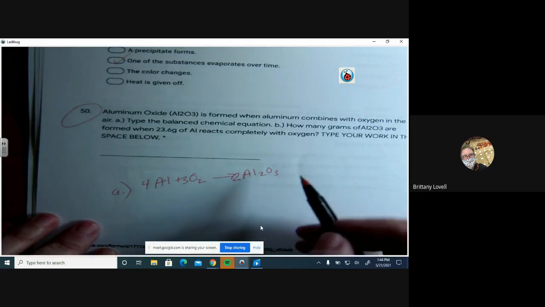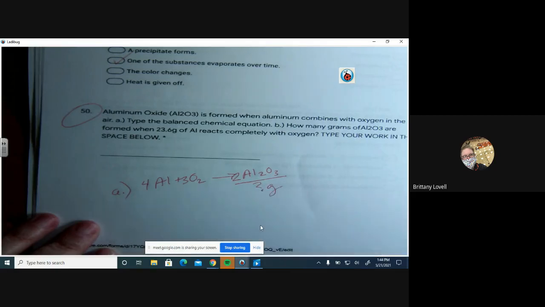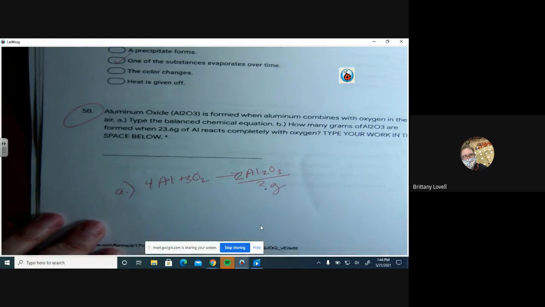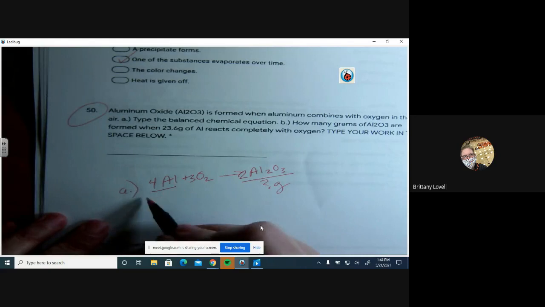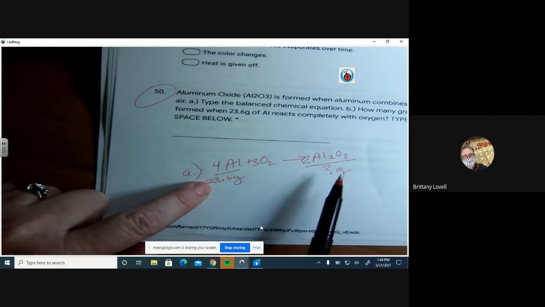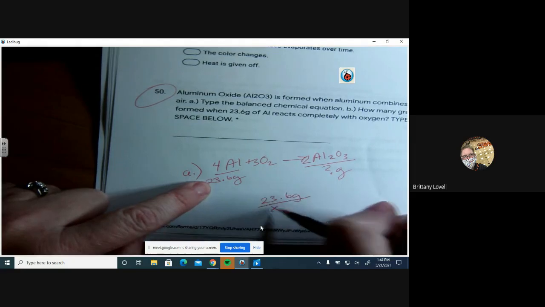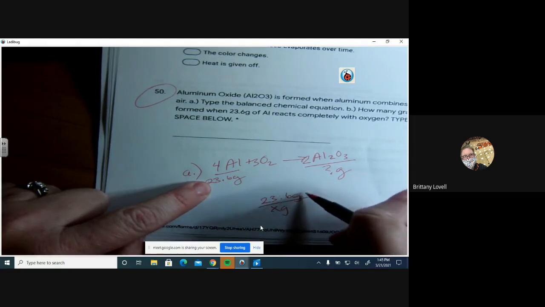It says how many grams of Al2O3 are formed. So I'm looking for this. All right, are formed when 23.6 grams of this. So I've got 23.6 grams of this. This is that equation where you can do it a couple different ways, but basically you could set up a mass-to-mass direct proportion if you wanted to. You could take the known amount over X number of grams, so 23.6 grams over X grams of this. So this is my aluminum.